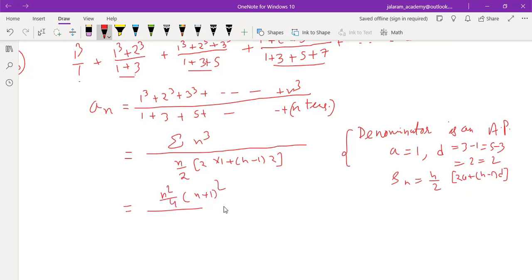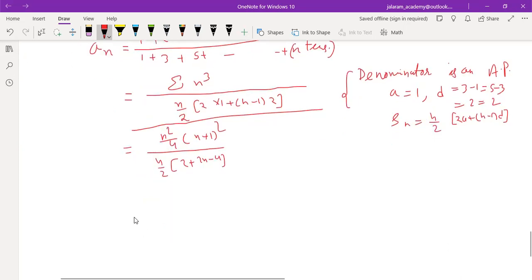Means this time we are now finding only the nth term and we have to use these formulas. Now n by 2 into 2 plus 2n minus 2, which is again equal to what? n square by 4 into n plus 1 whole square over n by 2 into, or it is 2, not 4. These ones are 2, no? So 2 cancelled out.